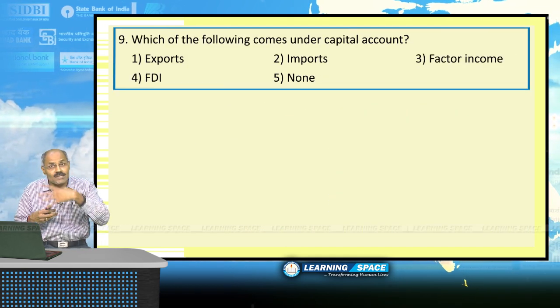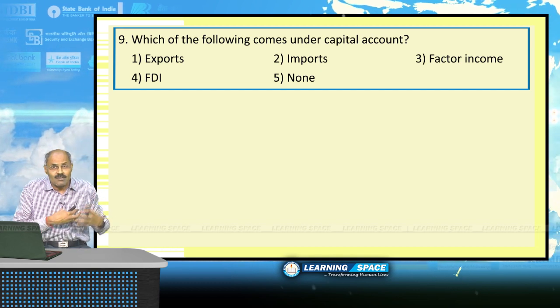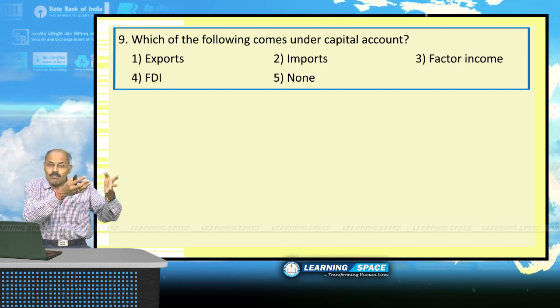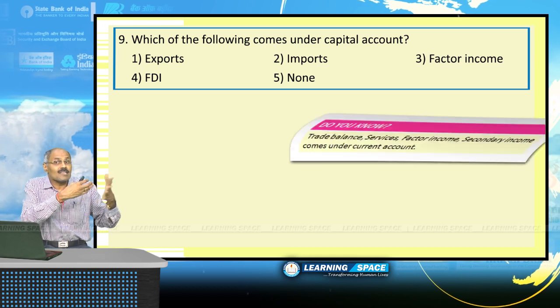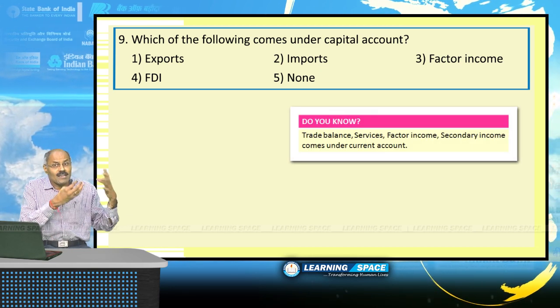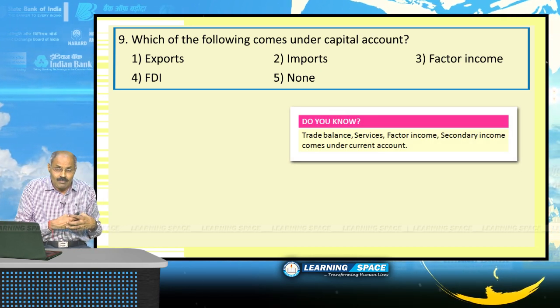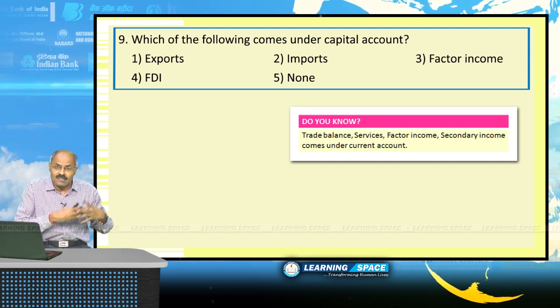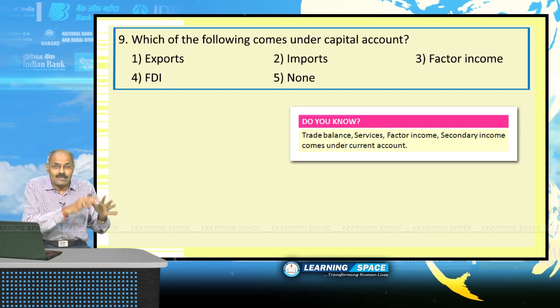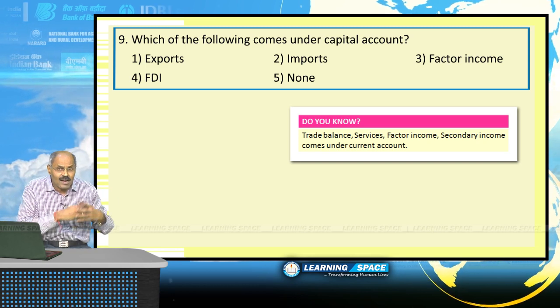Which of the following comes under capital account? We have just now discussed current account: exports, imports, services, royalty payments, foreign remittances to parents or sisters. These are all income. That is current account.